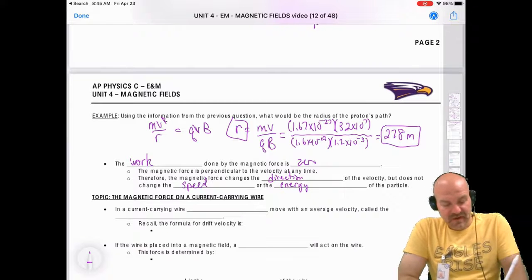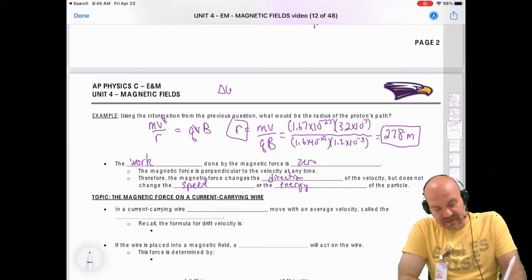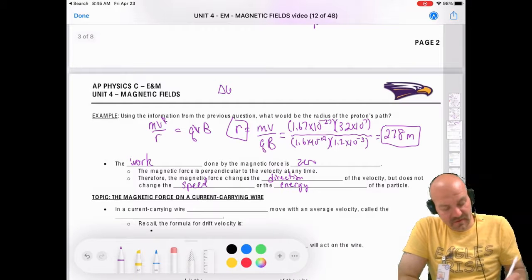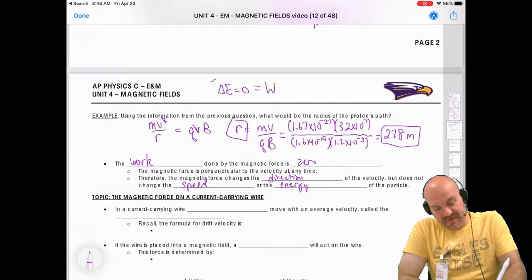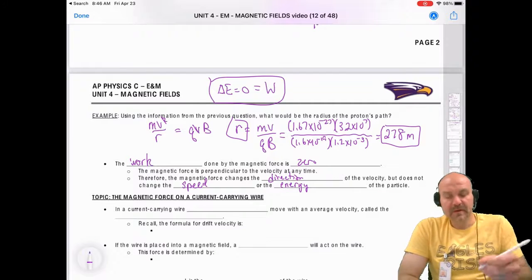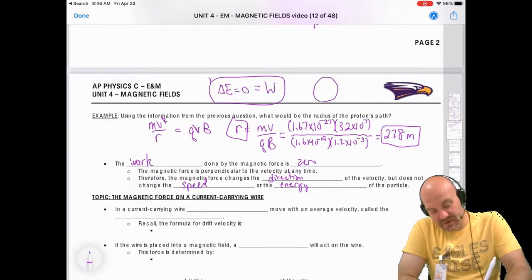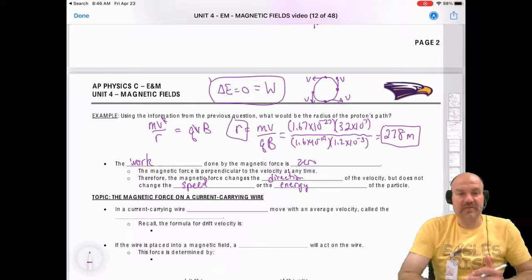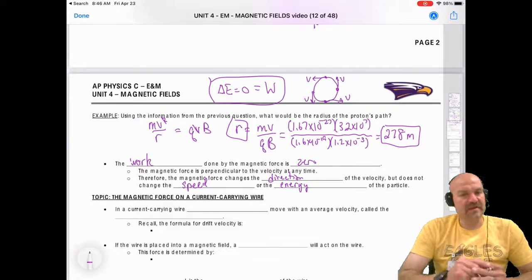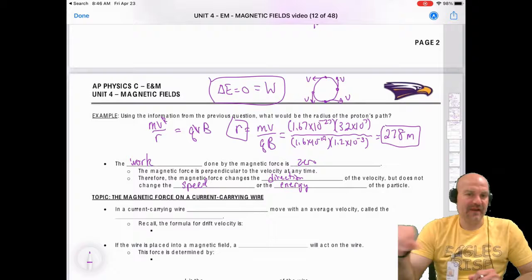I was about to write a U for potential, but it should be that if the change in energy equals zero, that means there's no work done. Because remember, that's how circles work: our velocity magnitude remains constant, but what's changing along the path is our direction, not our speed. So that means in a circle, the force that's acting does no work.